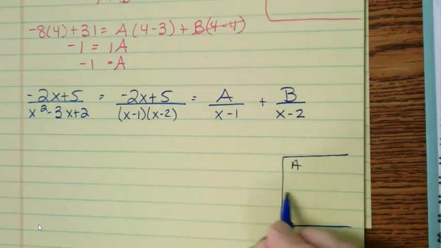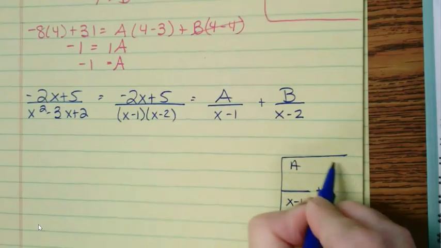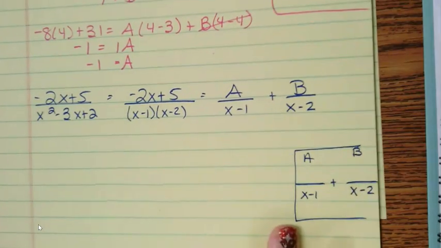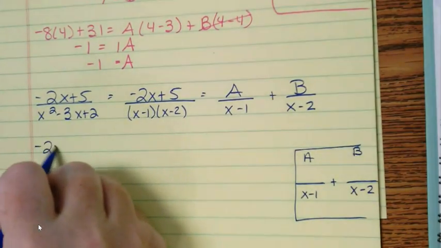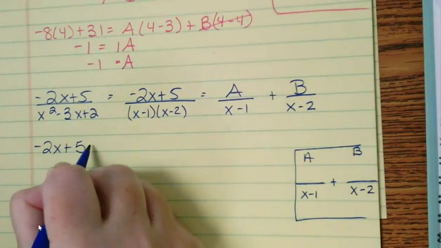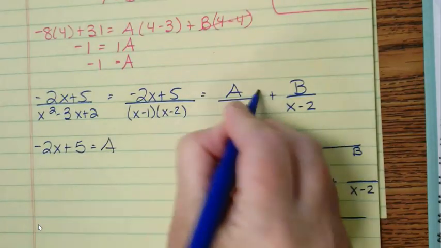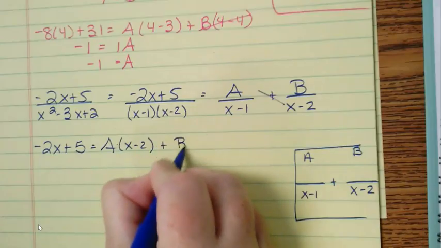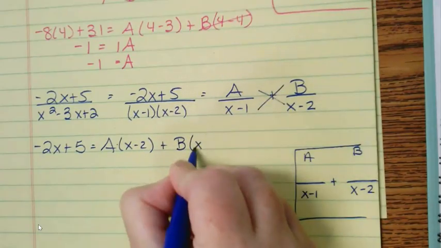So A, x minus 1, x minus 2. So negative 2x plus 5 equals, again, cross multiply, A(x minus 2) plus B(x minus 1).